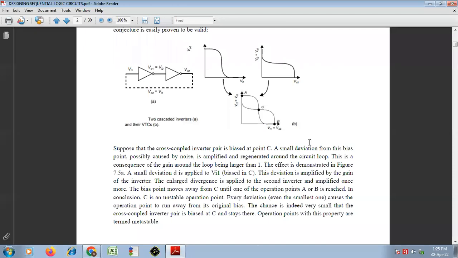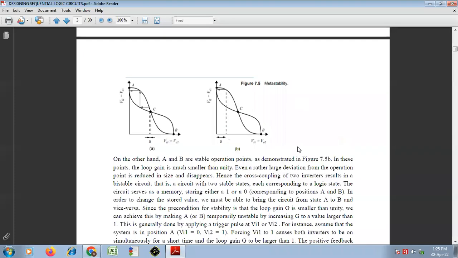The effect is demonstrated in this figure. Have a look at this figure. This is A, this is B, this is C. This is the deviation point, but because of noise and other factors, it can move here and there.